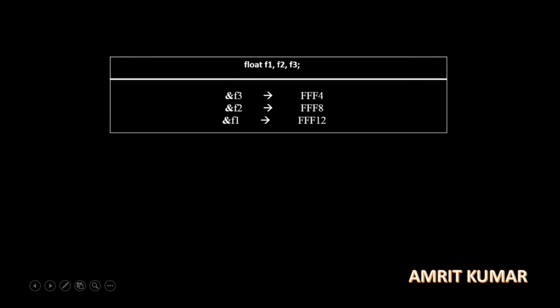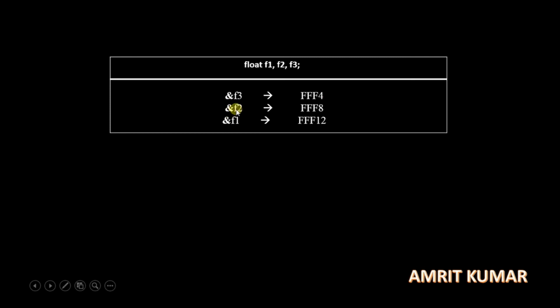Now moving on to float. We have seen integer and char, and now you are seeing the float data type, so the value it contains will be float, and its size is 4 bytes. We are declaring three variables f1, f2, and f3, separated by a comma separator. Here the ampersand holds the address of this variable f3, that is ff4.